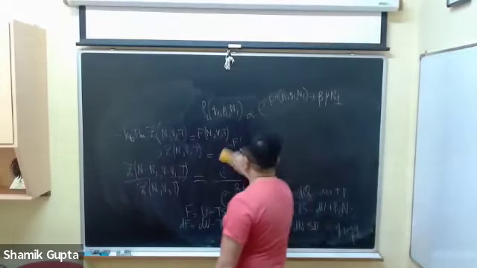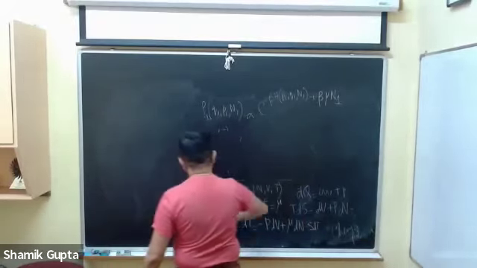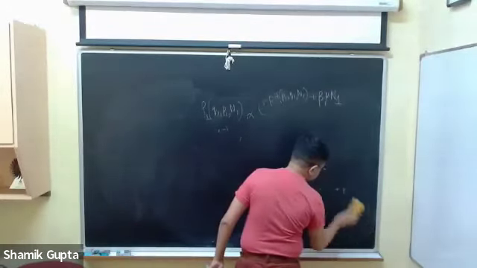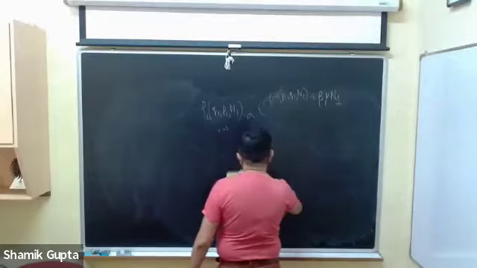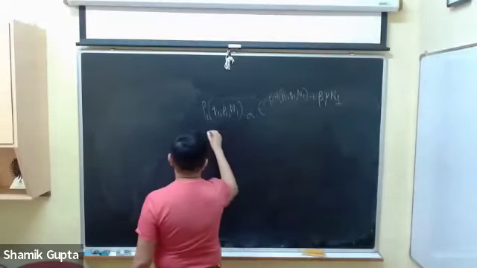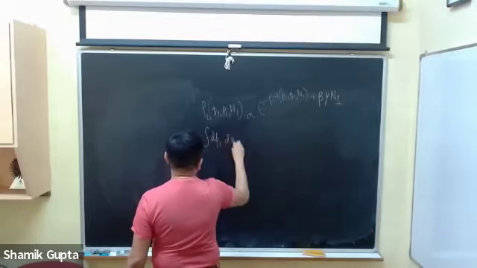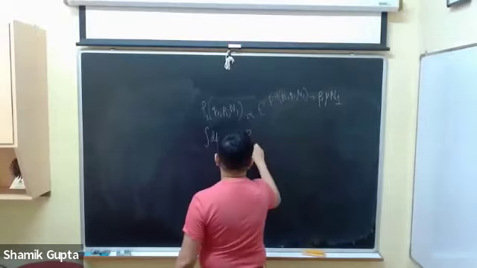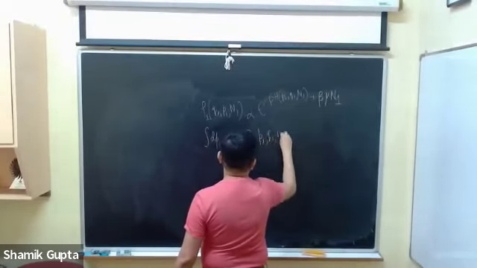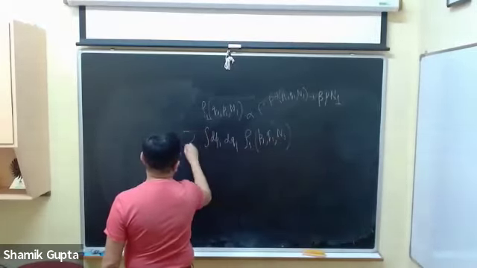So if you normalize it, the normalization condition will now be written as the integral over dP1 dQ1 of rho1 of P1 Q1 N1. But then we also have to sum over N1.